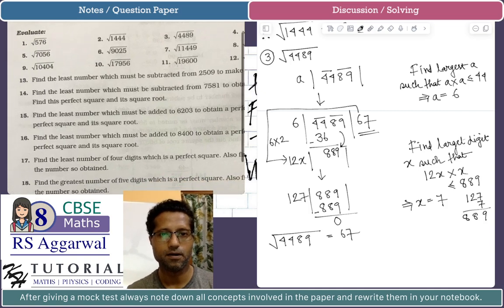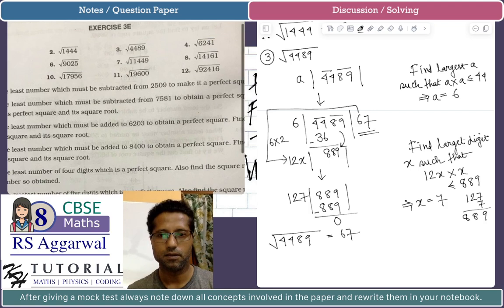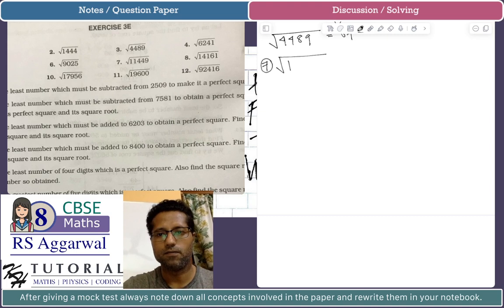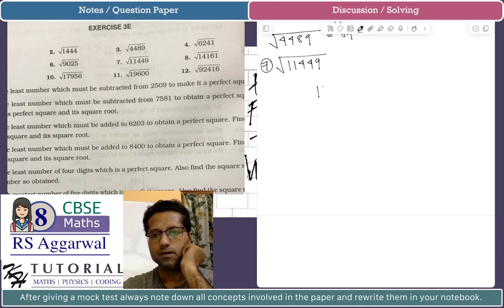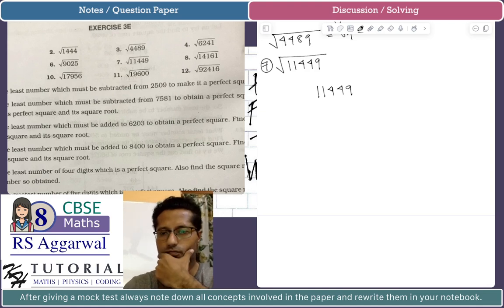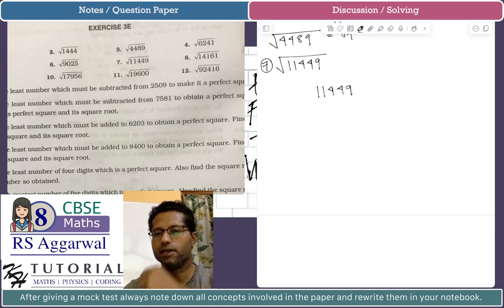Now let's do number 4, 6241. Now I will take a 5-digit number, that is problem number 7. Problem number 7 is a 5-digit number, 11449. The given number is a perfect square. We will create periods of 2 digits from the right hand side.